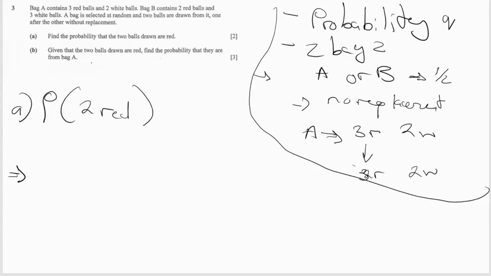So remember we said that a bag is selected at random, so either we're going to get the 2 red balls in bag A, or in bag B. So there's an equal chance there, right?